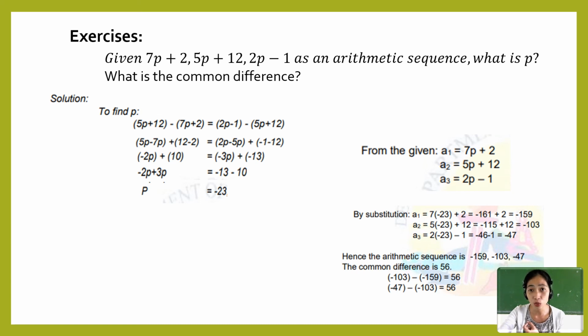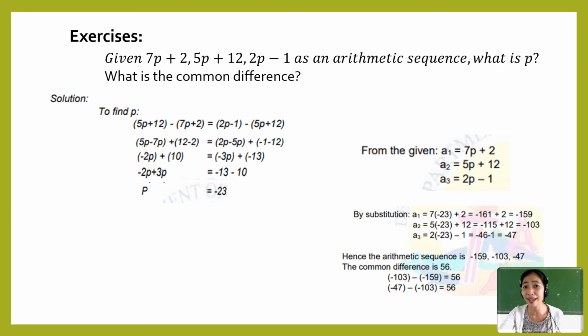A sub 2 will be 5 times negative 23 plus 12, equals negative 115 plus 12, equals negative 103. A sub 3 becomes 2 times negative 23 minus 1, so that becomes negative 46 minus 1, equals negative 47.